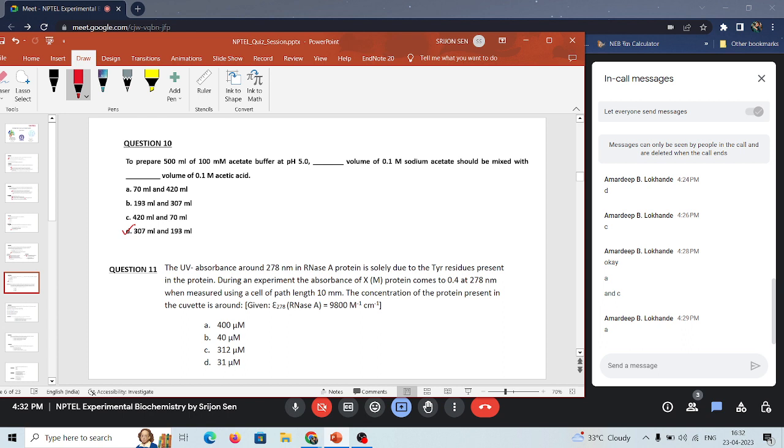The concentration of the protein present in the cuvette is around... The epsilon value is given over here. So you know absorbance equals epsilon Cl. The epsilon value is given, you have to find C, and the L value is given. Yes, 10 millimeter is given.